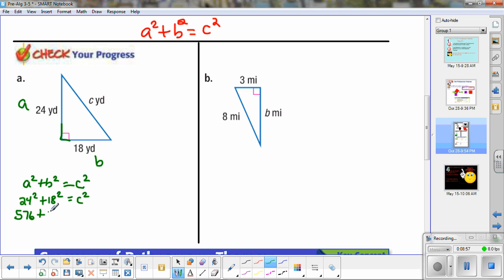That's 324, is going to equal C squared. Now we're going to go ahead and add these two numbers together because they're both on the same side of the equal sign. So 576 plus 324, that's going to be 900.